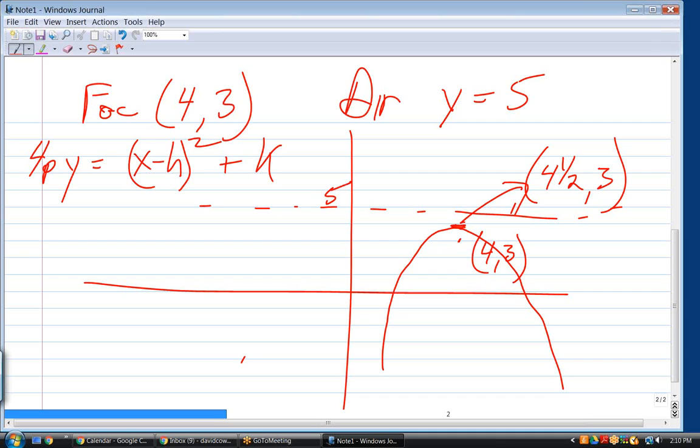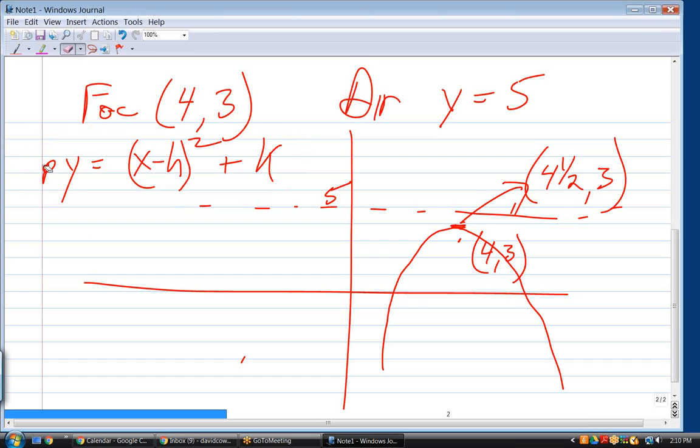And the question is, what is the equation of this parabola? Well, we know where the vertex is.